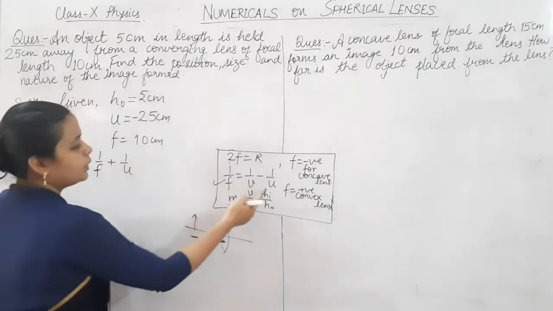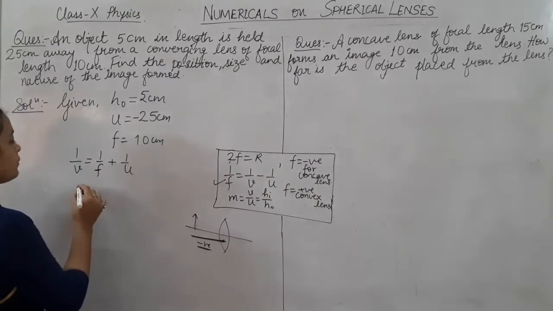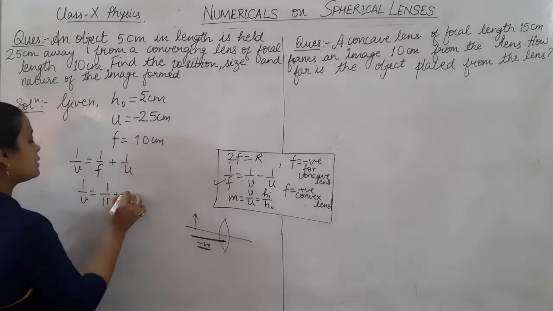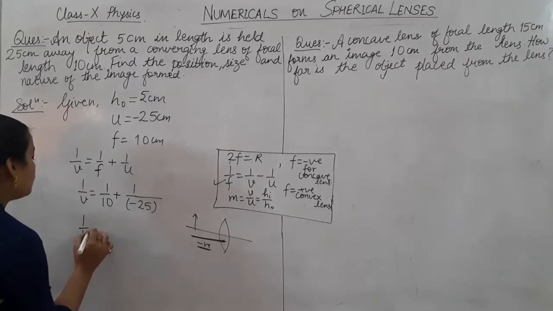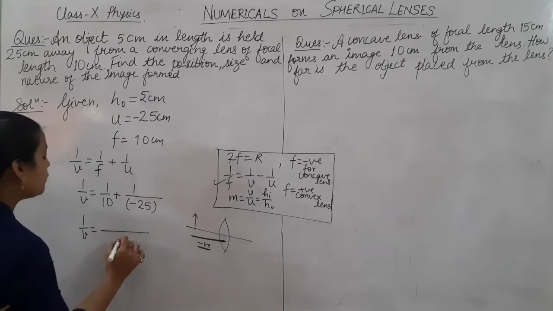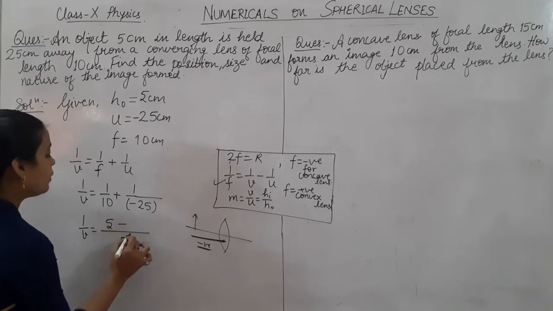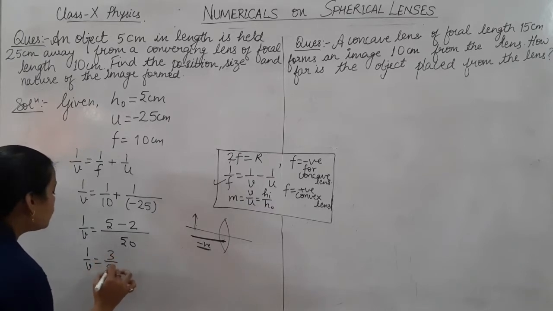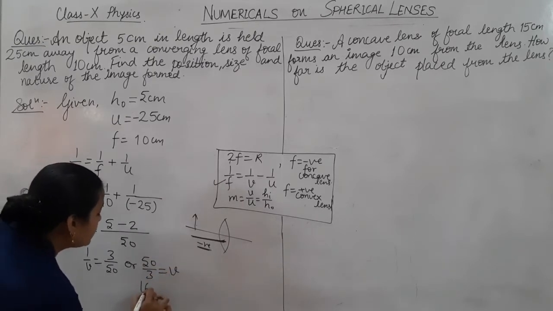I have taken this 1 upon u to the other side. 1 upon v is equal to 1 upon 10 plus 1 upon minus 25. If you take the LCM, it will be 50. It will be 5 minus 2, so 1 upon v is equal to 3 upon 50, or 50 upon 3 is equal to v.